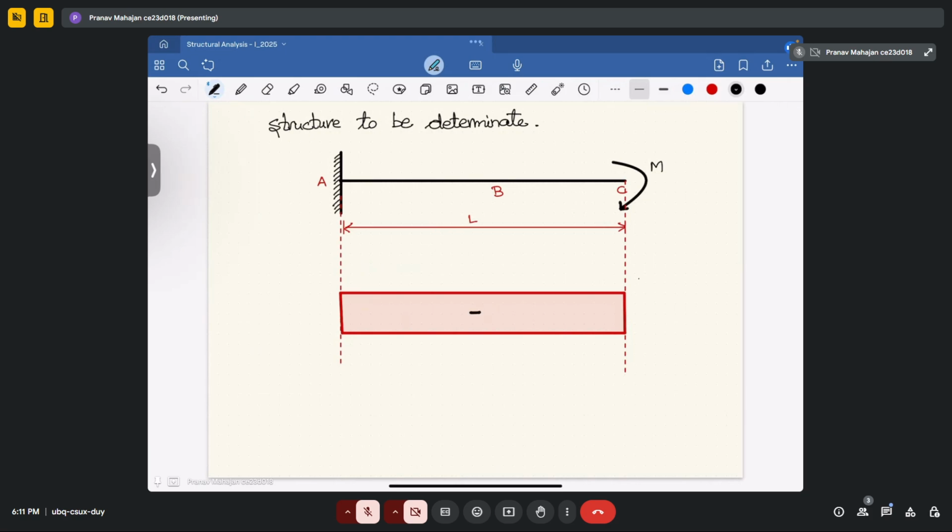And its value will be M, and we are making it to be M upon EI diagram, so that will be M upon EI. Fine. So this is your M upon EI diagram.